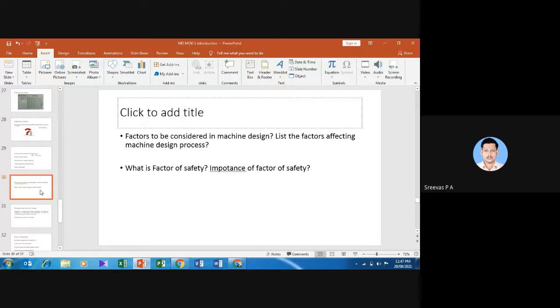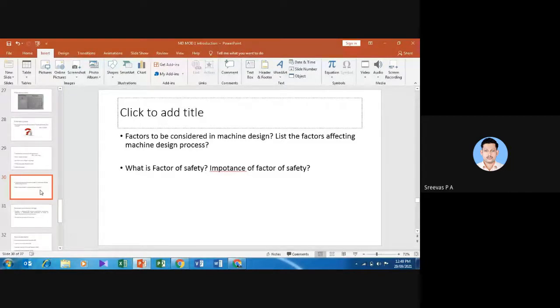Factors of consideration while doing. Purpose. Purpose is there. Okay. Aesthetics. Okay, aesthetics is there. Then cost consideration will be there. Right. Material. Yes, material is very important. Material properties should be there.